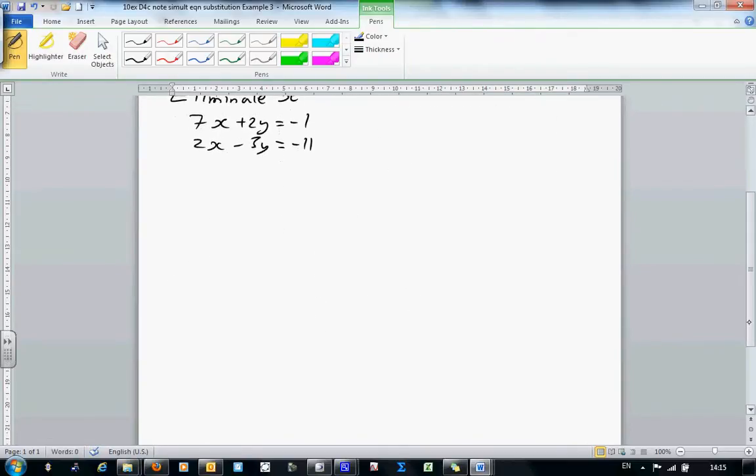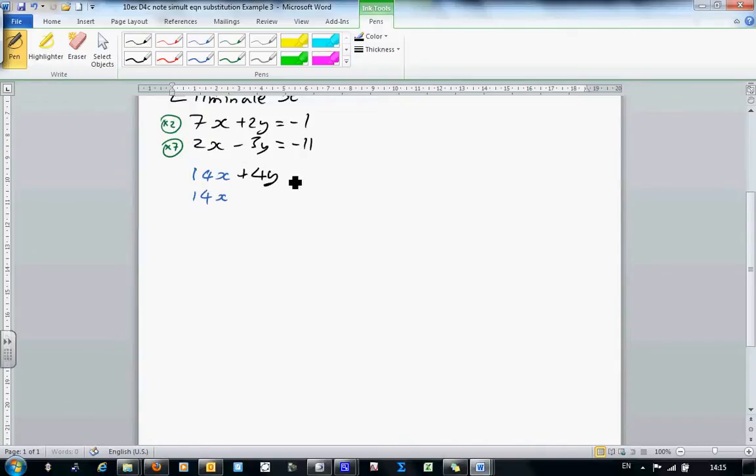So what we can do is this. If I multiply this equation by 2 and this equation by 7, then you will see that what we end up with is that this is 14 and this is also 14. So 2 times 7 is 14x. 2 times 2y is 4y. 2 times negative 1 is negative 2.